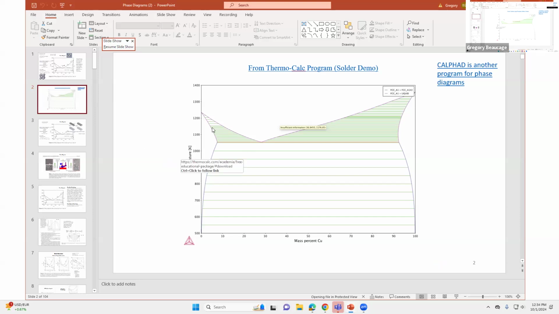For more complicated ones, sometimes you just blow up a region, like for the iron carbon diagram, which is steel. You blow up the part that's about 2% carbon, and that's basically how you make steel, carbon to iron. That has a lot of different phases in the low composition range, so you can only plot to 5%.